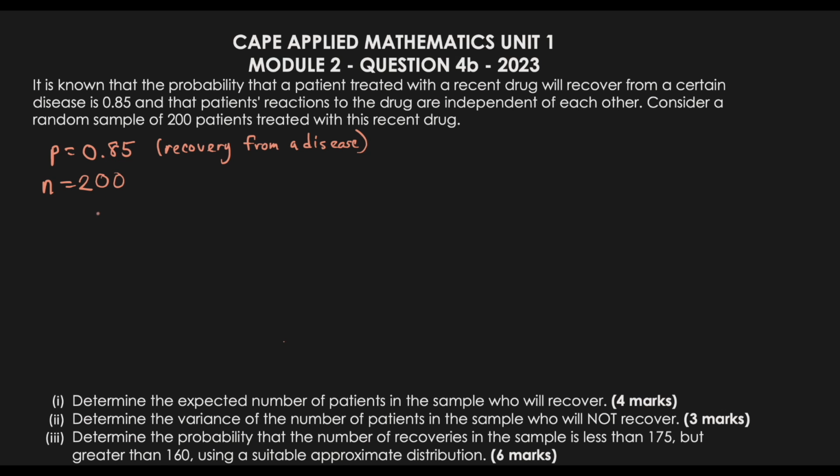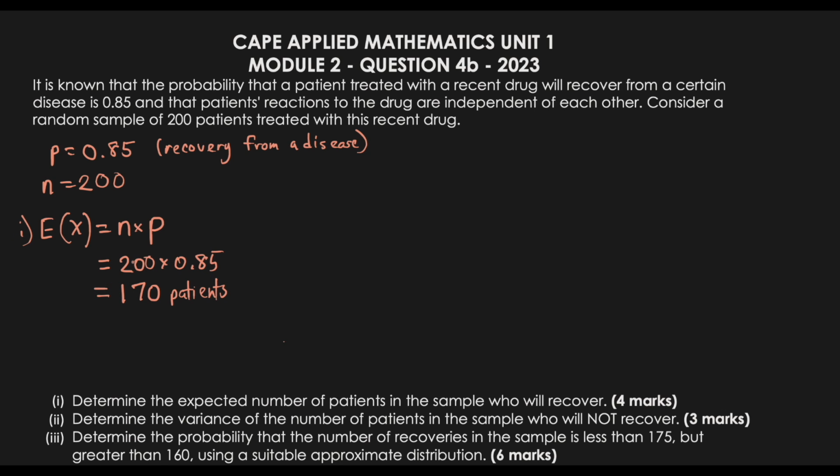So if I'm expecting that 85% of the people will recover, that means my expected value, or what we call the expectance, must be equal to the number of people multiplied by the probability of them recovering. So in this case, it would be 200 multiplied by 0.85. This would give us the answer, which would be 170 patients. So this is our first question.